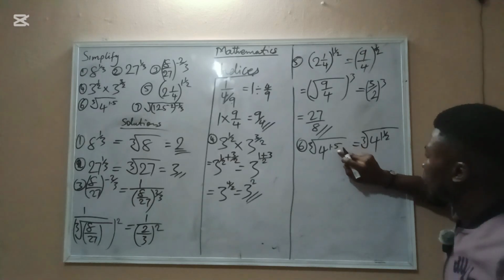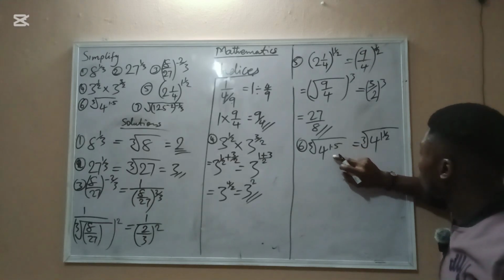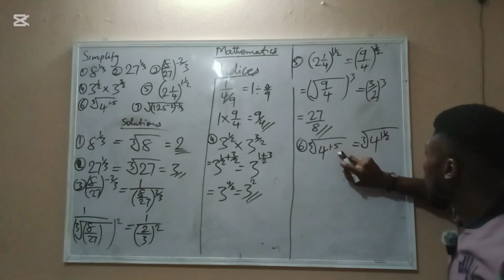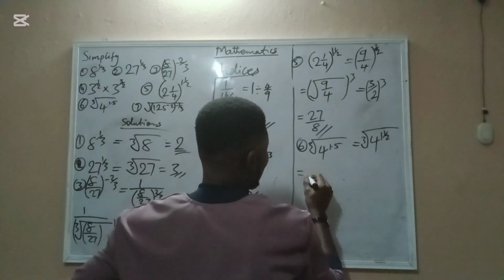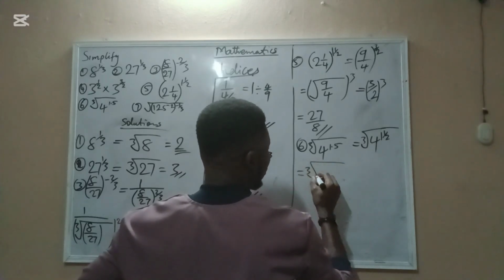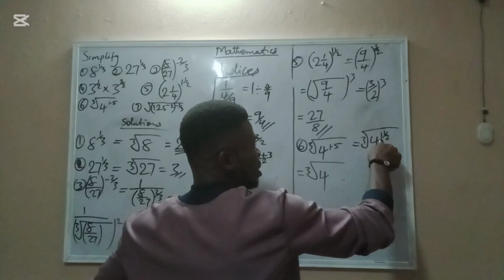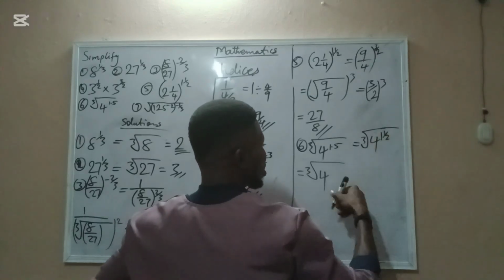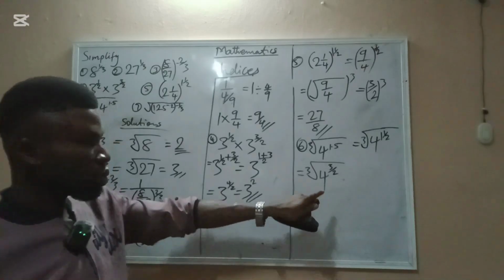This is 1.5, and 0.5 is half, which is 1 over 2. So 1.5 is the same thing as 1 whole number 1 over 2. And that is the same thing as cube root of 4 to the power, converting this one, 3 times 1, 2 times 1, 2 plus 1, 3, to the power 3 over 2.